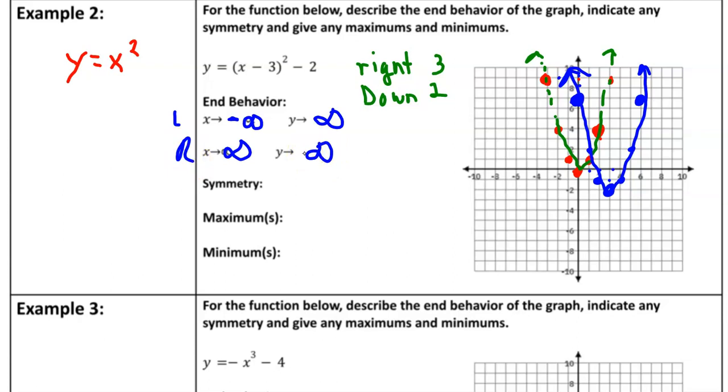It does not have any symmetry now. It did at the beginning, but it doesn't now, because I shifted it right. It has a minimum value at right 1, 2, 3, and down 2, so it's the ordered pair 3, -2. That's where the vertex is right here. So my minimum value is -2.